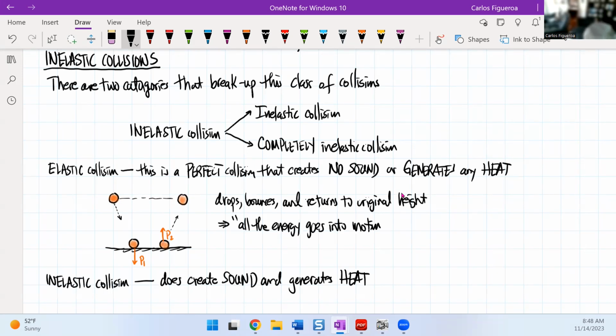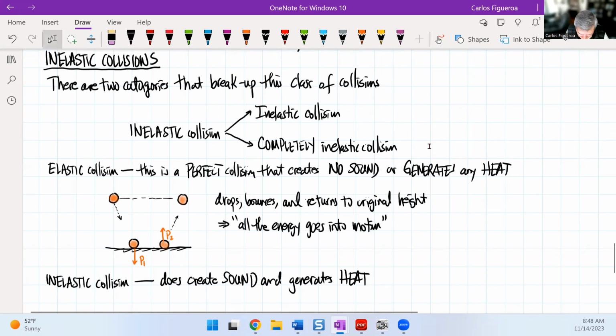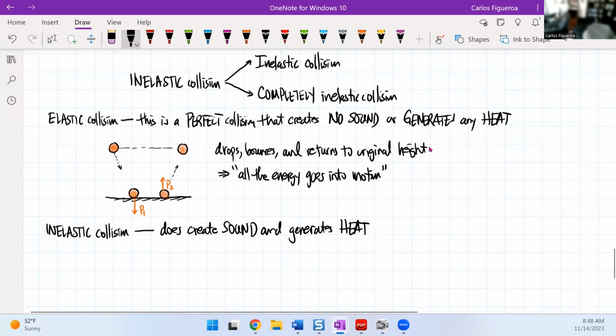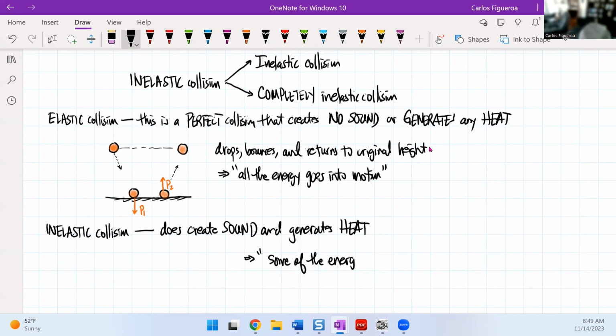In this situation, some of the energy goes into sound, heat, and everything else, deformation of the object, whatever that is.